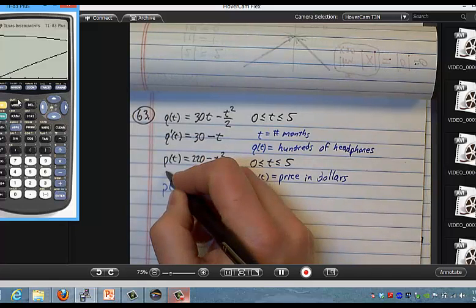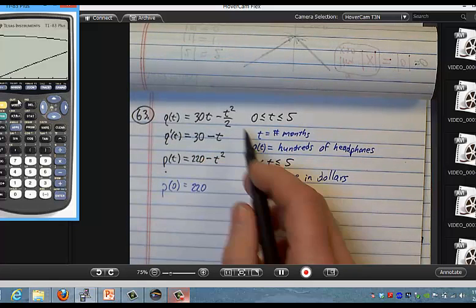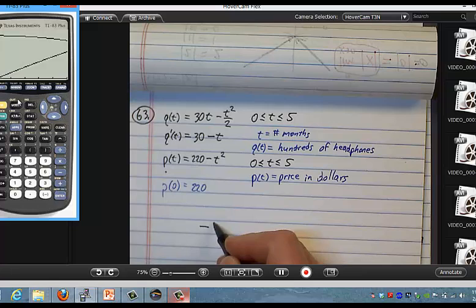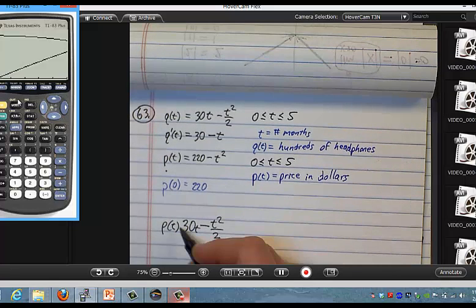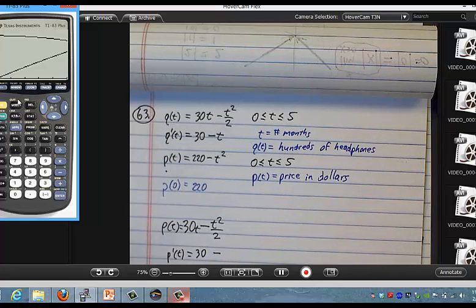Well, I had negative t squared over 2, right? Let me write it again. Here's 30t minus t squared over 2. That was my p of t. So when I do p prime of t, you understood the 30, right? I would bring the 2 down, t to the first, but then there was a 2 down here, and so it canceled, and that's why it was just minus t.